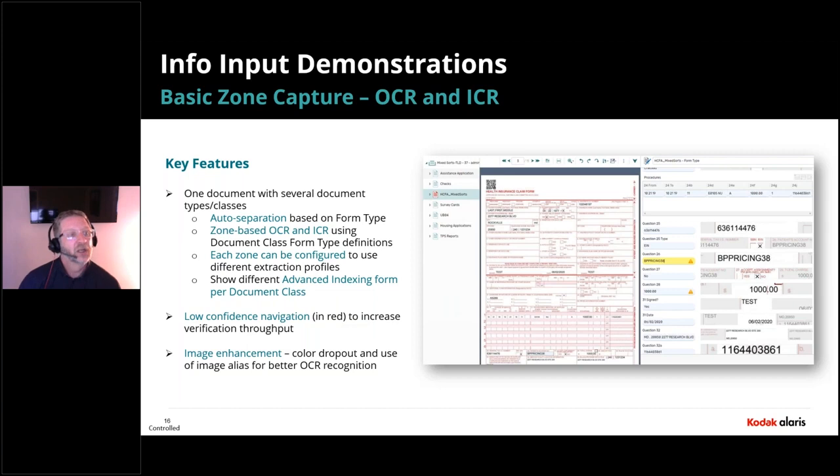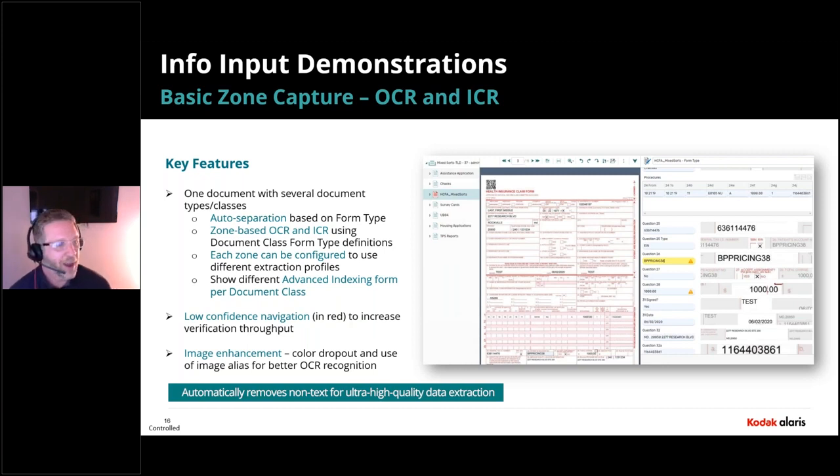Each document class or document type will have a different look and feel, like you can see here in this screenshot. Now, in this particular HICFA form, we do offer full image enhancement. One of those things is what we call a color dropout. We can reduce the red, remove that so that we're not OCRing rogue lines and other words.